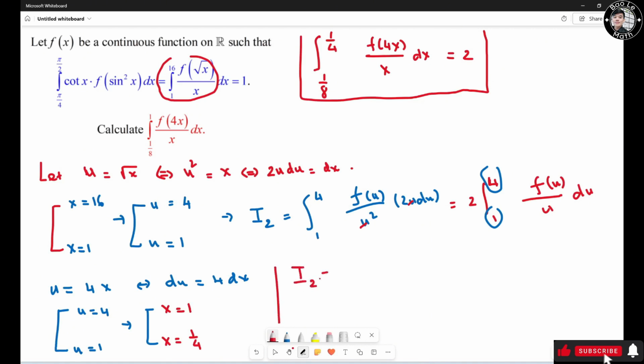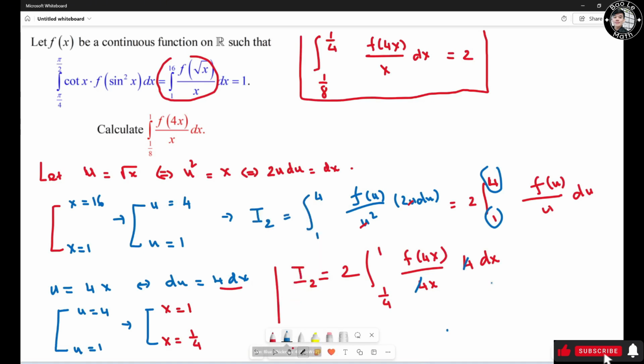So I2 can be written as 2, rewrite 2 over here, and the integral from 1 to 4 can be written as 1/4 to 1, of f of u, which means f of 4s, over u, which means 4s. Now du is going to be 4ds. Then this and this cancel out.